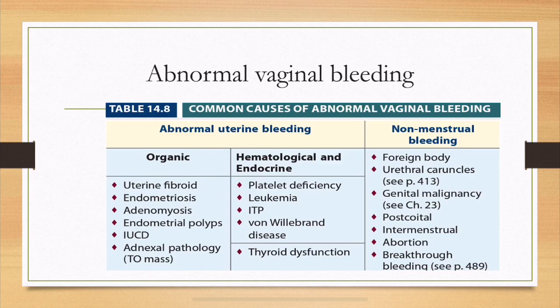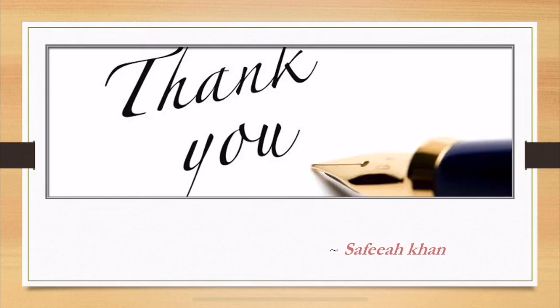Causes include a foreign body, urethral caruncle, which we have already read is a fleshy growth found on the posterior urethral meatus, genital malignancy such as cancer of the cervix or vagina, postcoital bleeding, intermenstrual bleeding, abortion, and breakthrough bleeding from pill use. With this, we come to an end of abnormal vaginal bleeding and also the chapter on abnormal uterine bleeding.